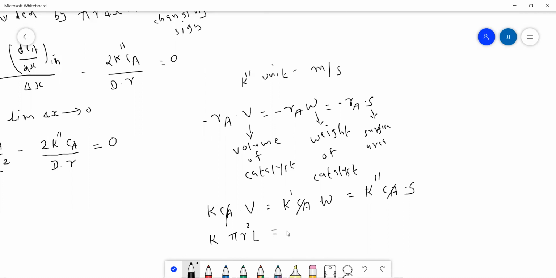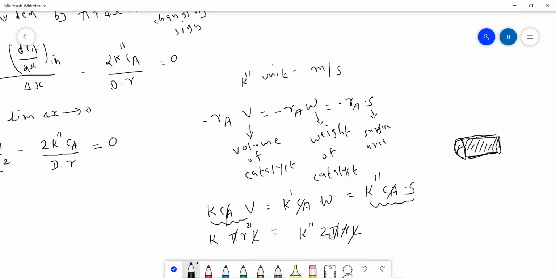Comparing the first term and the last term, this is equal to K double dash into surface area, that is 2 pi R L. If this is a cylindrical pore, then the volume is pi R square L, and the surface area is 2 pi R L. As per this equation, pi gets cancelled out, L gets cancelled out, and one R gets cancelled out.